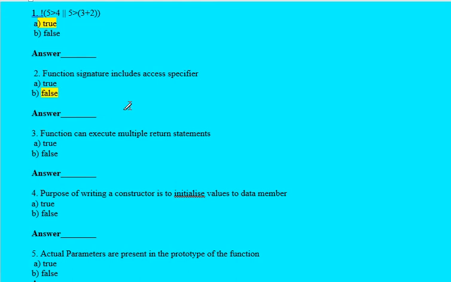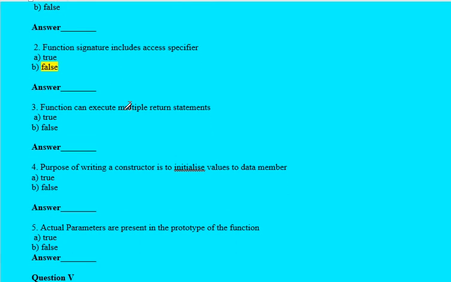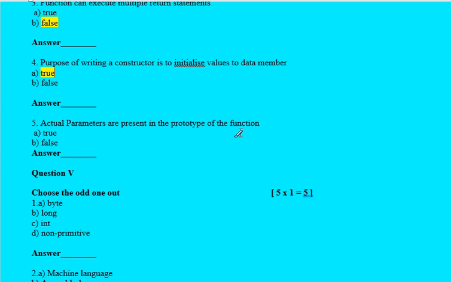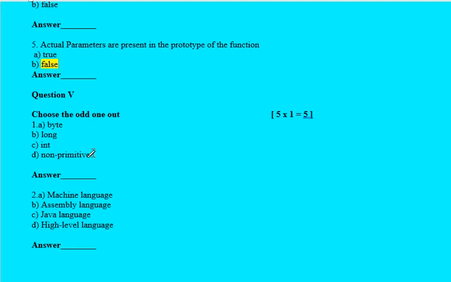False. Function signature is the function name along with the parameter list. Functions can execute multiple return statements. It is false. Only one return statement. Purpose of writing a constructor is to initialize the values of the data members. True. Actual parameters are present in the prototype of the function. It is false.